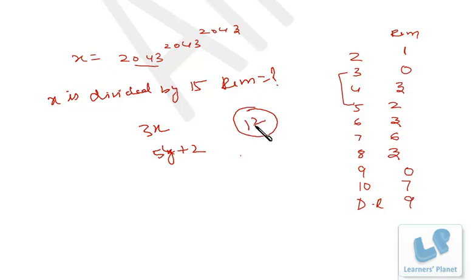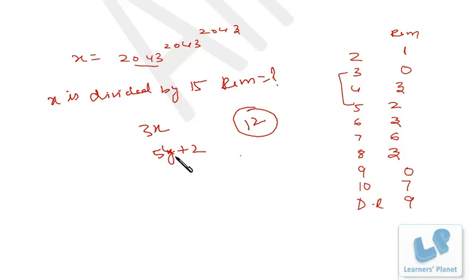That's very simple. Just try to understand it once again. The number 15 is a multiple of 5 and 3. I have done the factorization of 15, that's 3 and 5. So when divided by 3, the remainder is 0. When divided by 5, the remainder is 2. That means the number is in 3x and 5y plus 2 format, right?